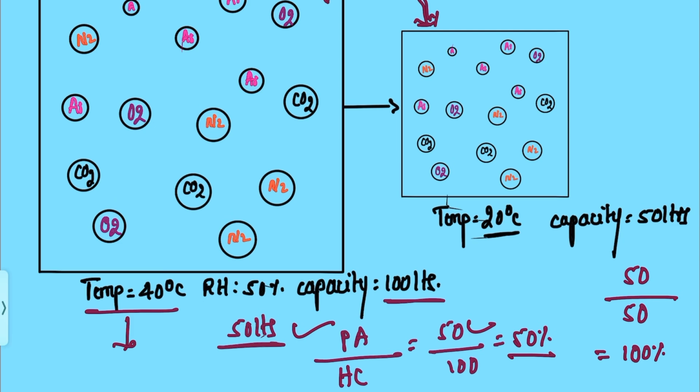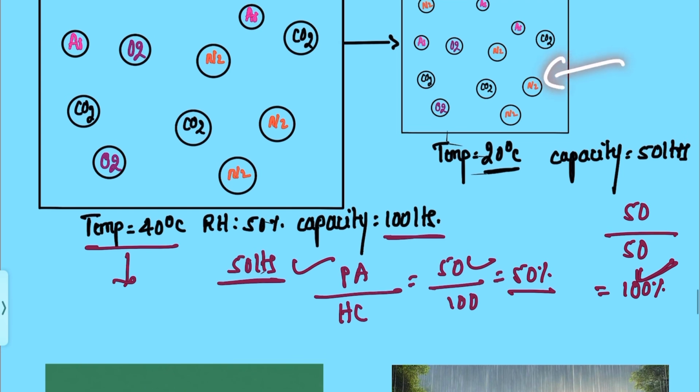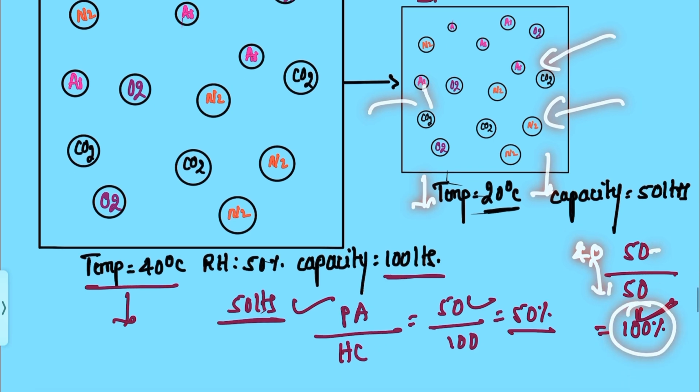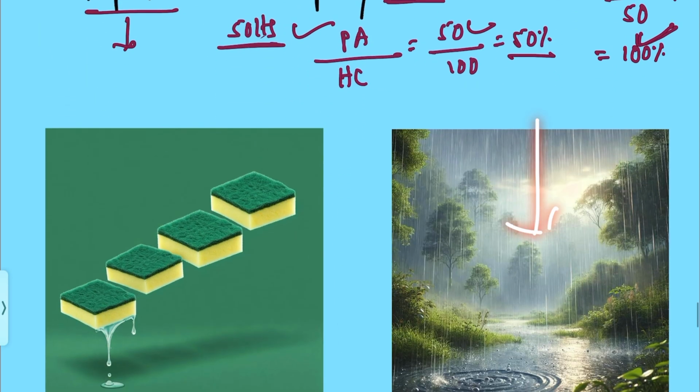See? Because now the relative humidity is 100%, any extra moisture that you add into this air, or if the temperature falls even more, the capacity will fall even more. The capacity may decrease from 50 to 40, and now the relative humidity has gone beyond 100%. That extra moisture, because of the drop in temperature, will fall as rain.